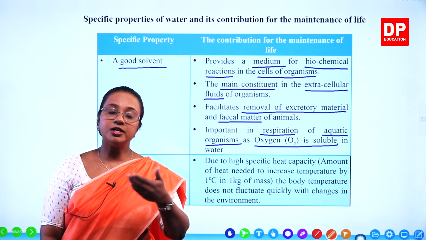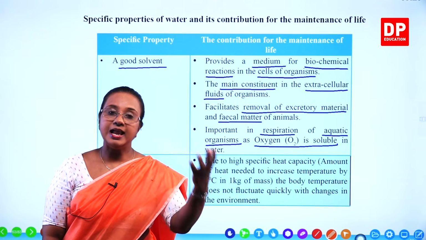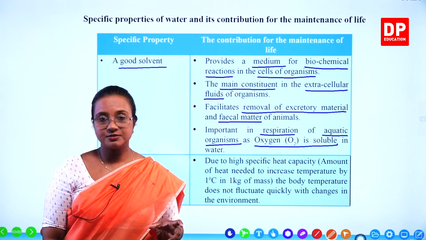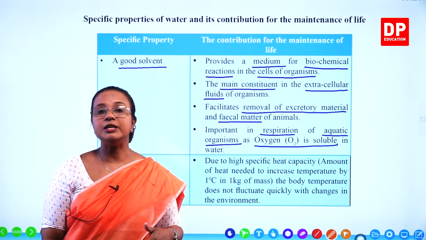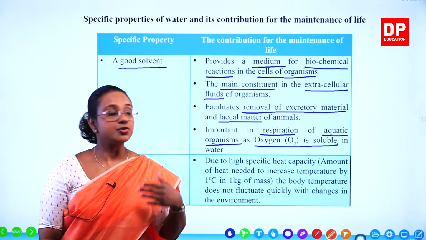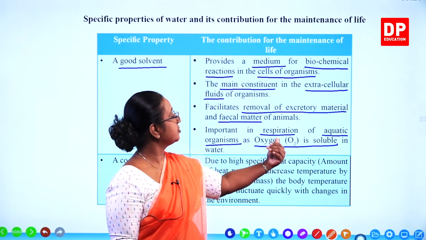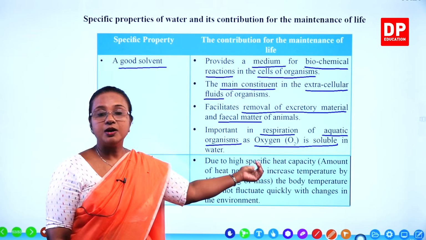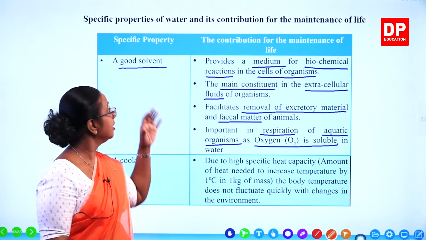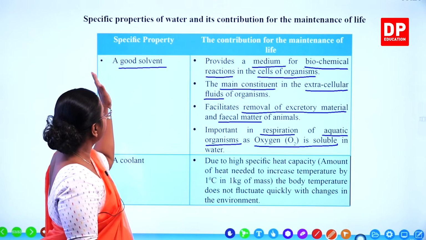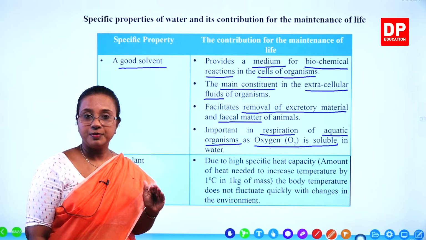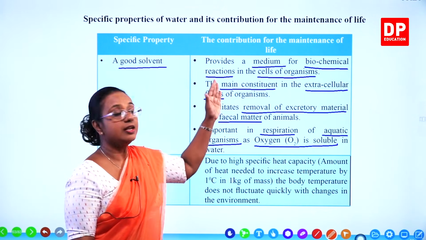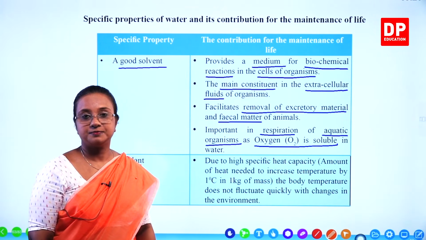They take in water, absorb the oxygen, and then water comes out. For this process to be successful, oxygen has to be dissolved in water. So, the respiration process of aquatic organisms is possible because oxygen is dissolved in water. So, the good solvent property of water helps in many ways for living organisms.